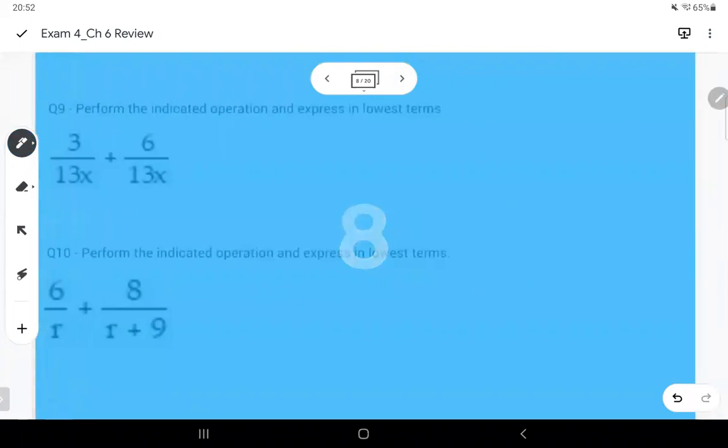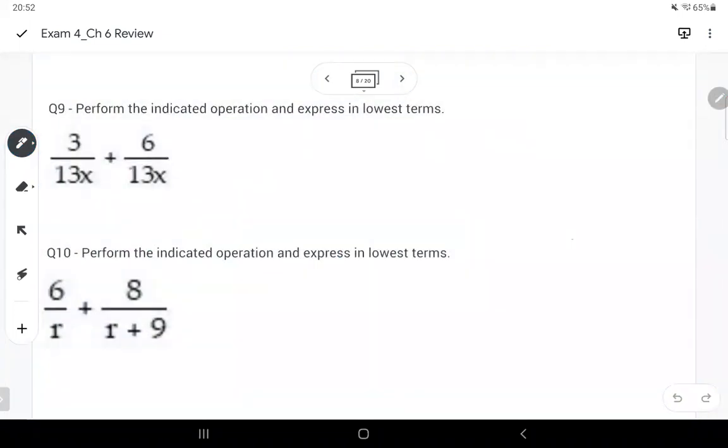Technically, the domain there would be all real numbers, but it's fine. Don't need to have it.